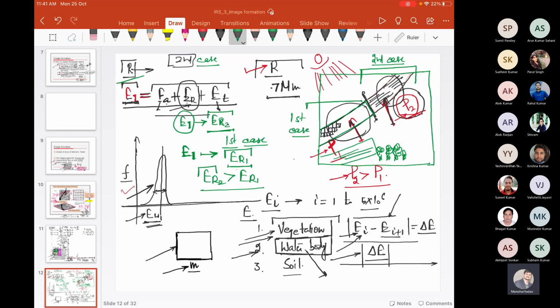So when the reflected energy is more in the second case, then obviously the energy sensed at the receiver will be more in the second case compared to the first. So E2I, let's say, for the second case will be more than E1I.